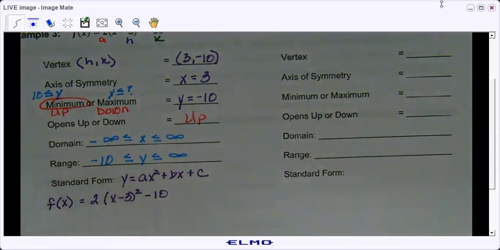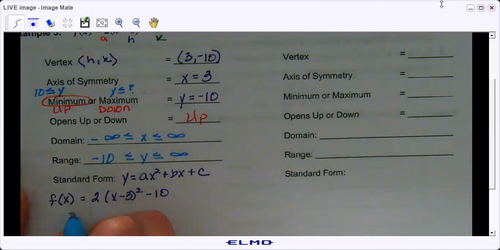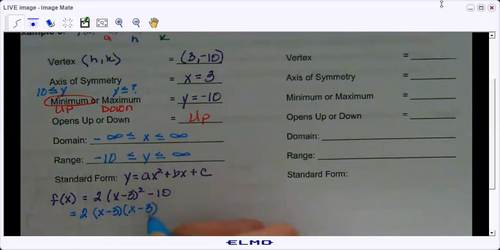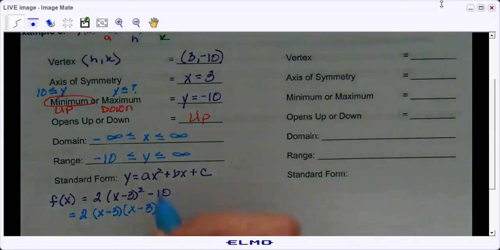And all we're going to do here is solve it so that we get it in standard form. Let me show you how we do this. We take 2 and multiply it by x minus 3 times x minus 3, because if you remember, when you have a binomial squared, it's 2 binomials, minus 10.